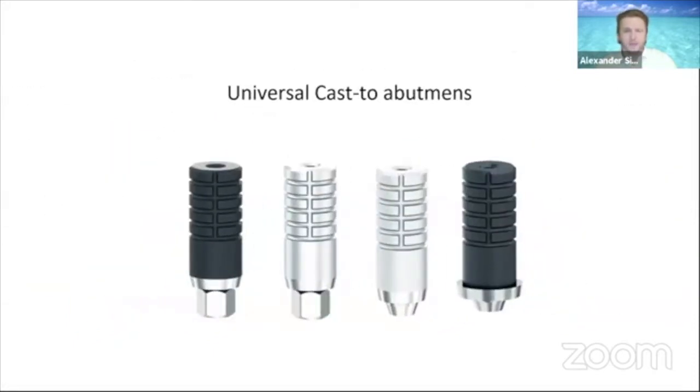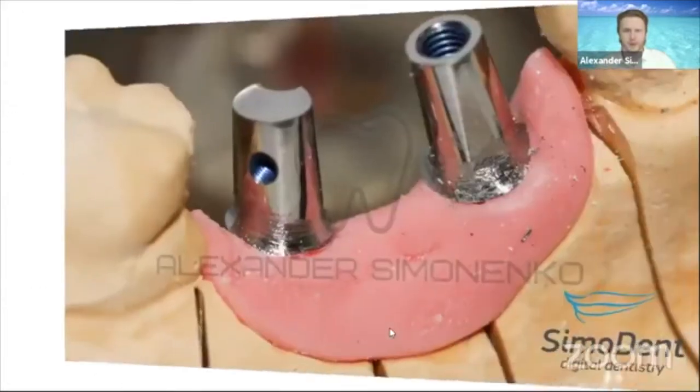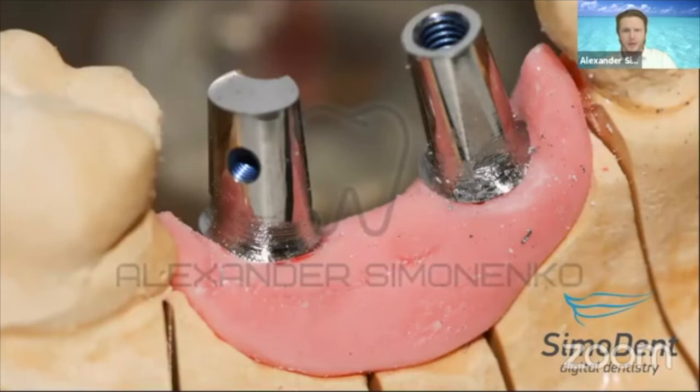And of course, if you need to make an individual emergence profile, if you want to give the patient an individual approach, you can use universal cast-on abutments. They are available for single restoration or for bridged restoration without connection. We need to make the abutments straight.